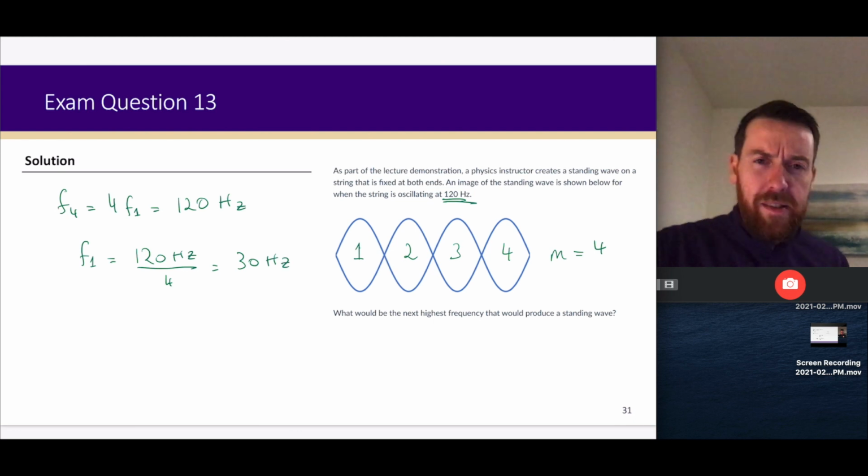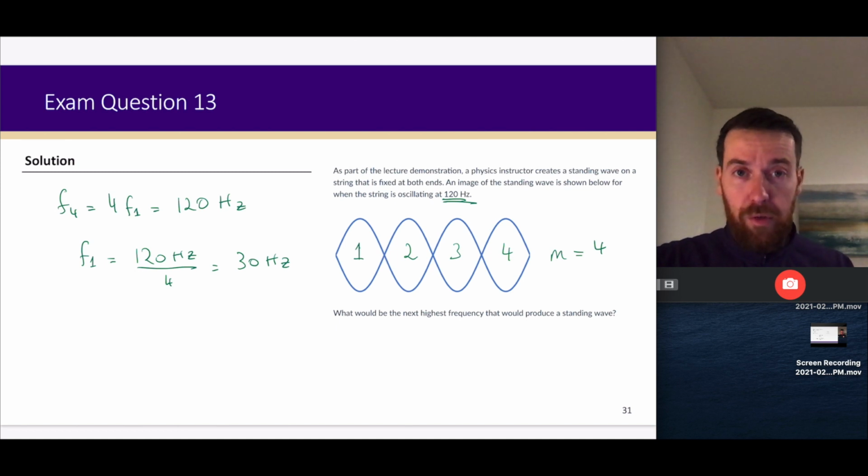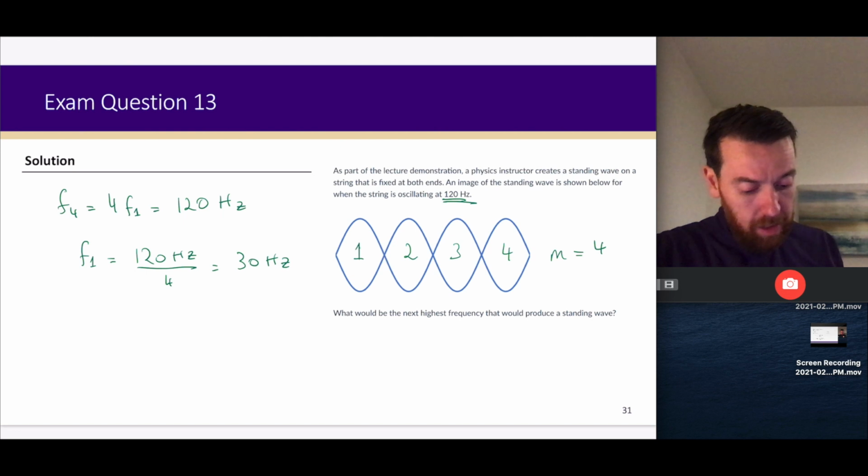I think in the other case I had maybe three antinodes and it was 60 hertz, so the fundamental would have been 20. But the same method again: count the number of antinodes to figure out the mode number, divide the frequency given for that mode by the number of antinodes to give you the fundamental, and then you're adding 1 to find the next highest frequency.